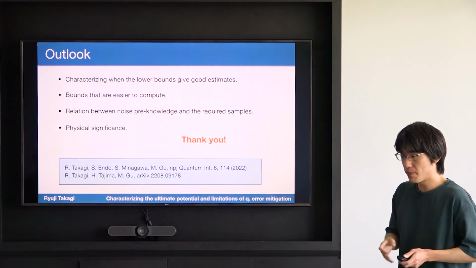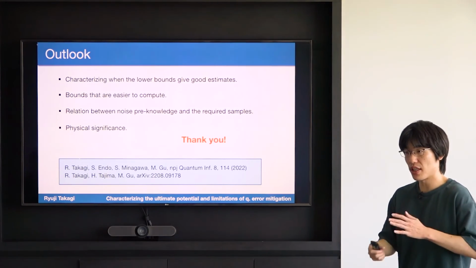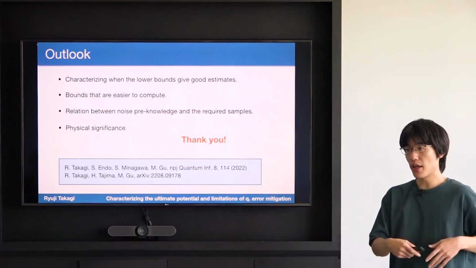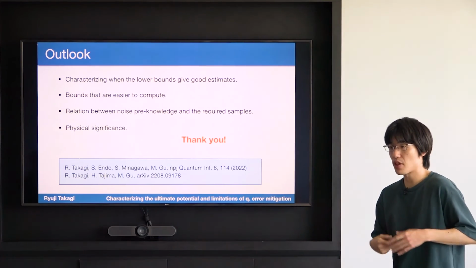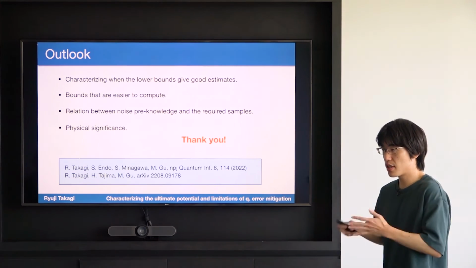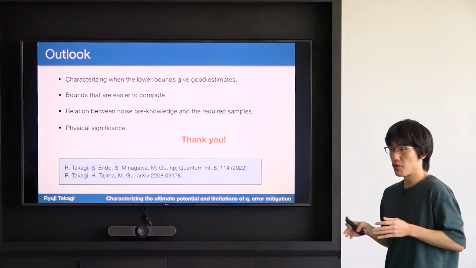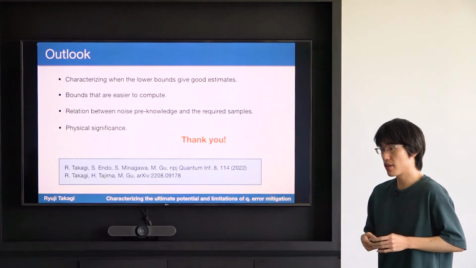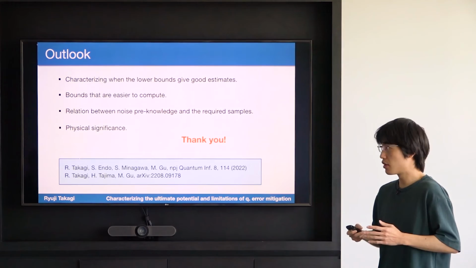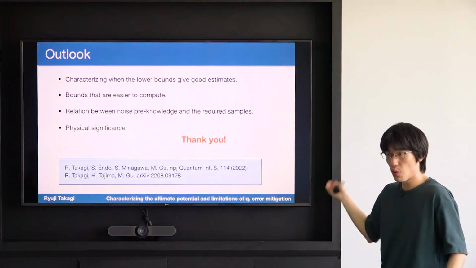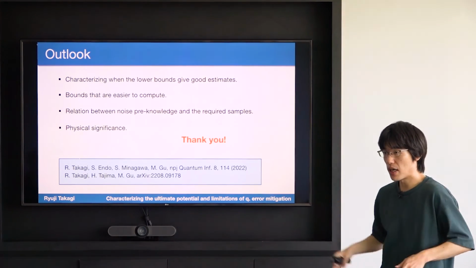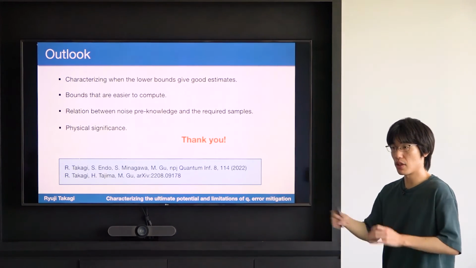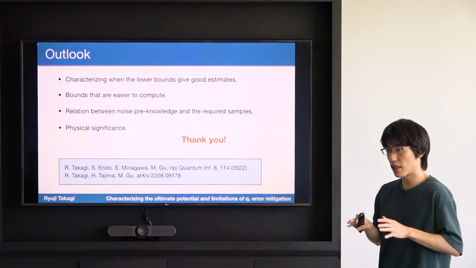The current difference between that and our work is, first, that they only looked at the unbiased case, the unbiased estimator. This is a big restriction because most error mitigation methods are actually biased. Our work takes that into account, but their bound would probably give you a better lower bound numerically. That's one trade-off.